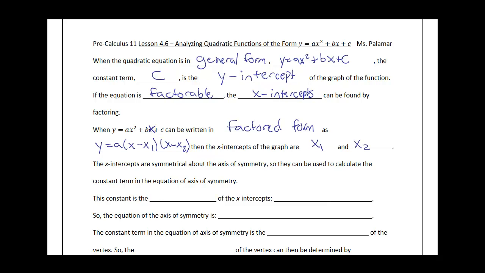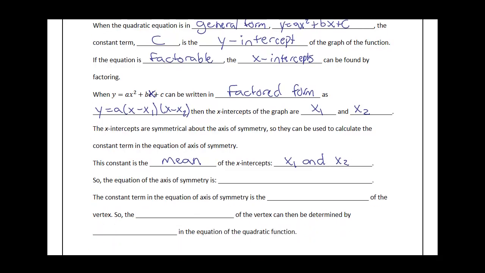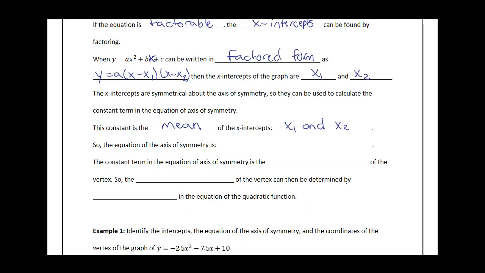The x-intercepts are symmetrical about the axis of symmetry, so they can be used to calculate the constant term in the equation of the axis of symmetry. This constant is the mean of the x-intercepts, x1 and x2. So the equation of the axis of symmetry is x equals (x1 plus x2) divided by 2.